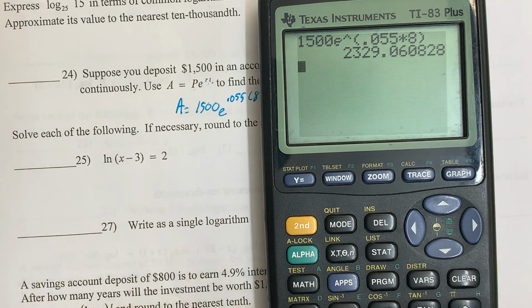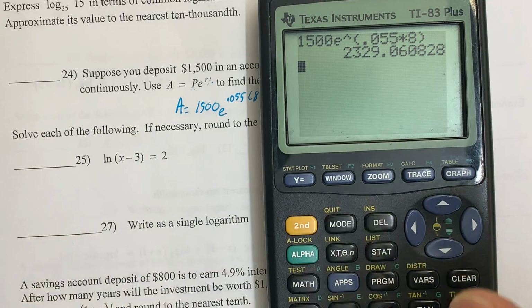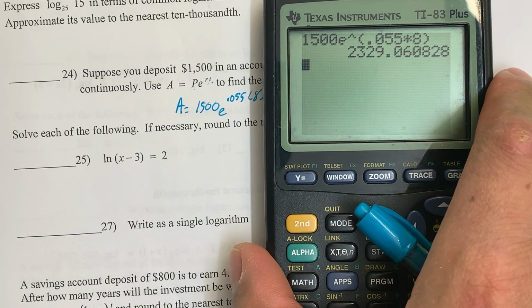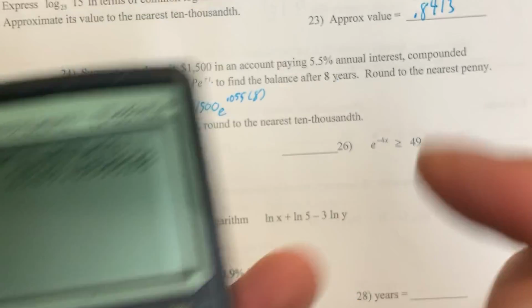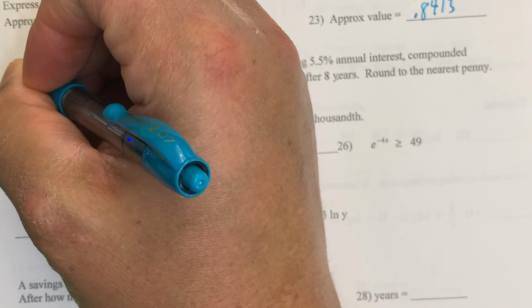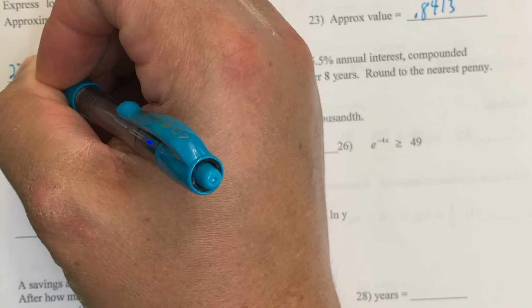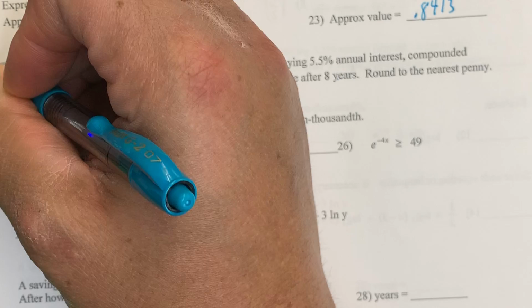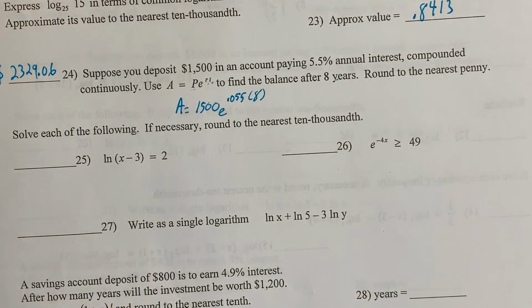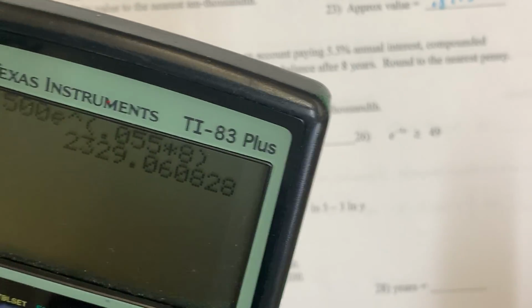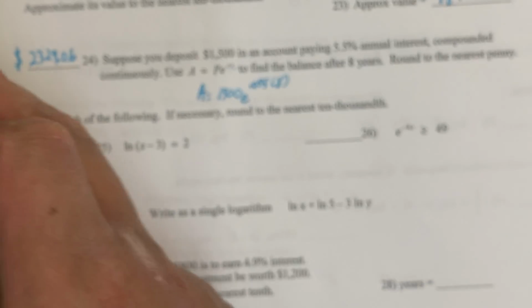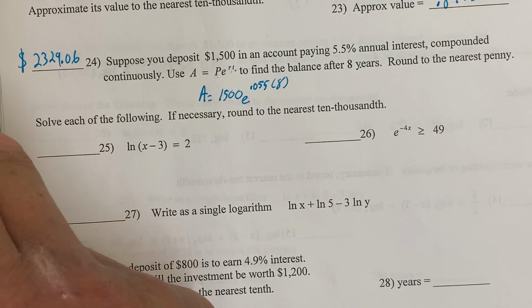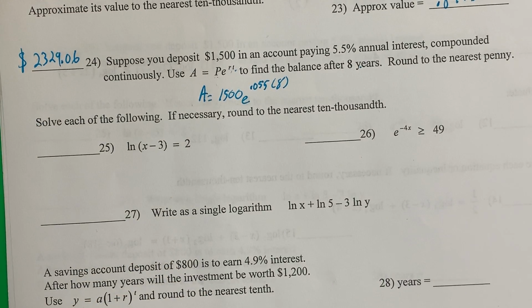And you get $2,329.06. That's it. Round to the nearest penny, we even did that. Make your math teacher happy by putting your units in. Make your students happy by making the screen visible. Whoop, excuse me. All right. And we're good. That one's all set, okay?